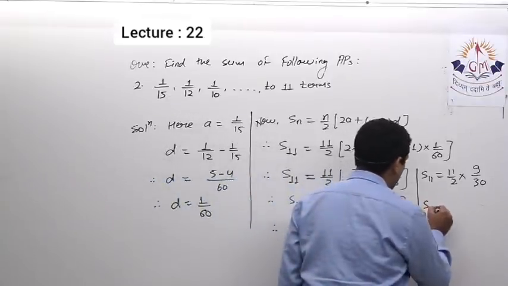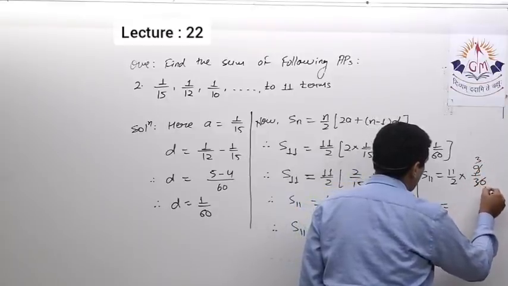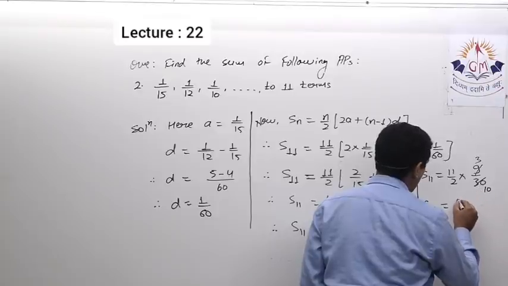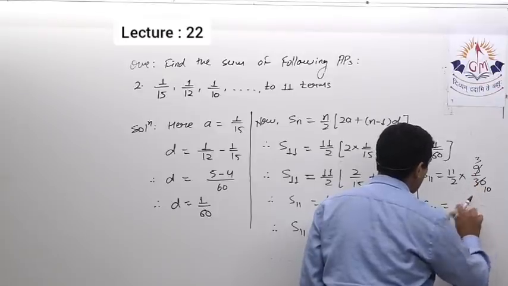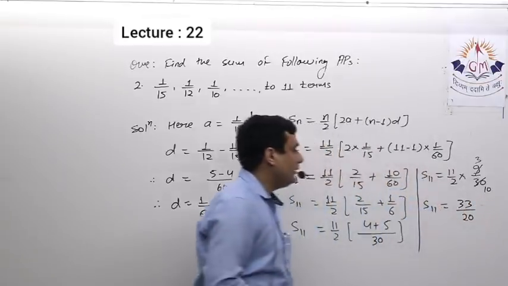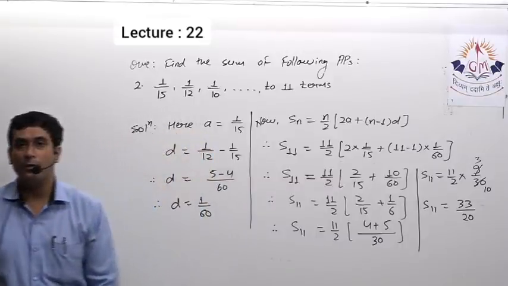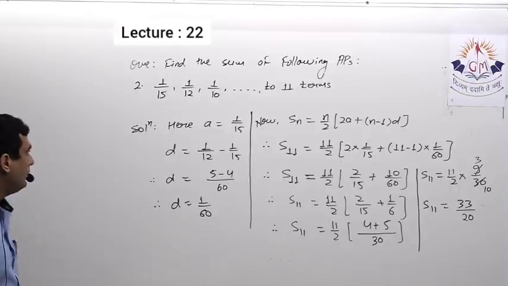Finally, we can again cancel: 3 3s are 9, 3 10s are 30. So 11 into 3 is 33, 2 into 10 is 20. So the sum of 11 terms of the given AP is 33 upon 20. So please note it down, then we'll see the next question.